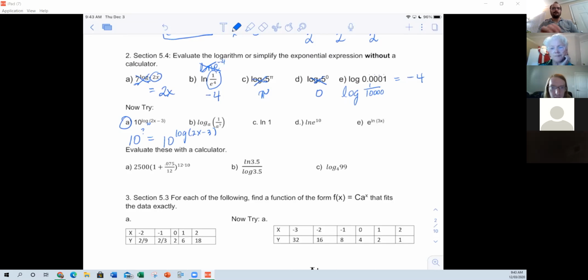Matt, do you see? Can you chime in here? I was maintaining that 10 to the power of log 2x minus 3 is 2x minus 3. But okay, I may have read the problem wrong. I didn't realize that the log 2x minus 3 was an exponent itself.